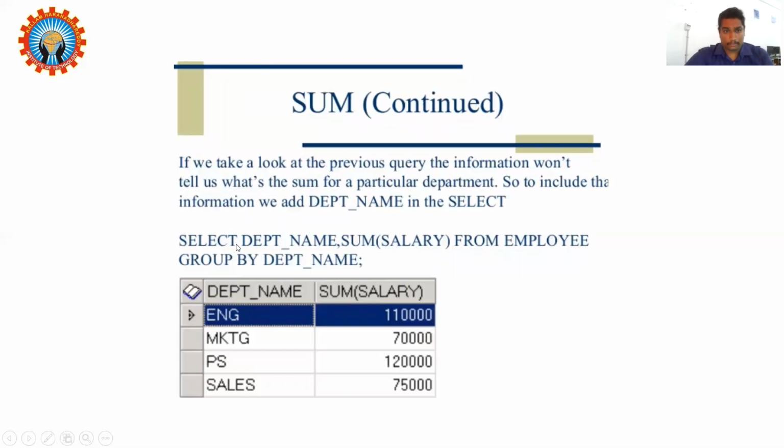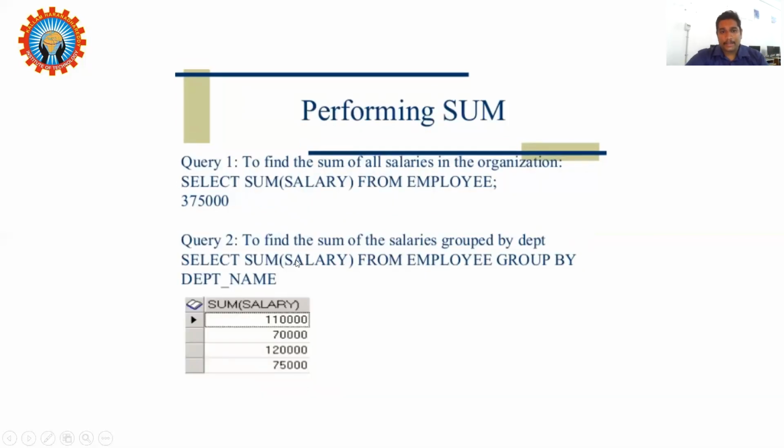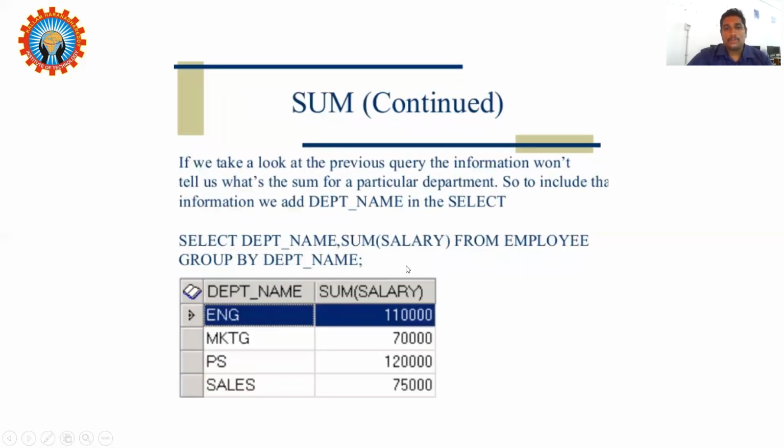So: select department name, sum of salary from employee. Previously, sum of salary retrieved only the sum of salary. Now we are including an additional attribute called department name, so it gives the department name as well. Next.